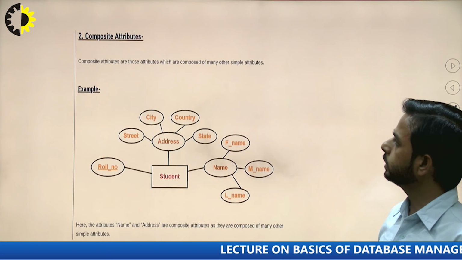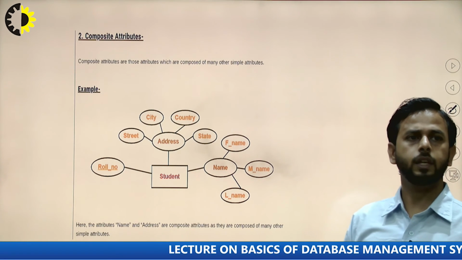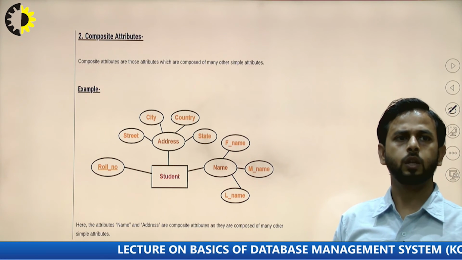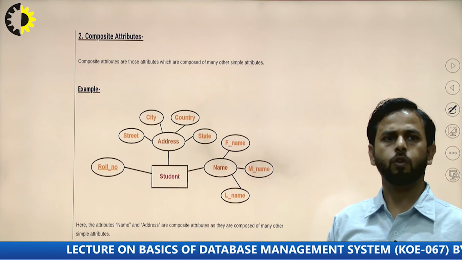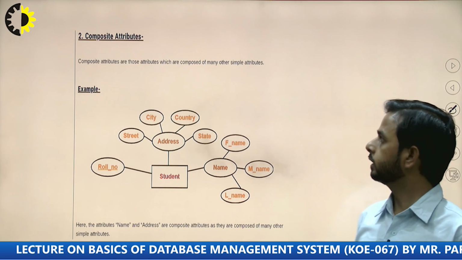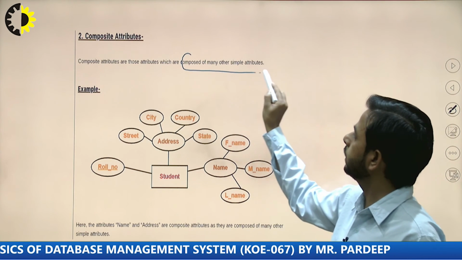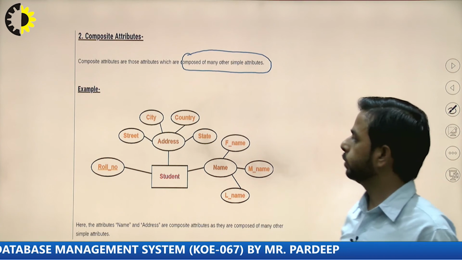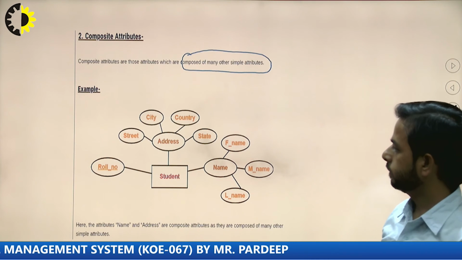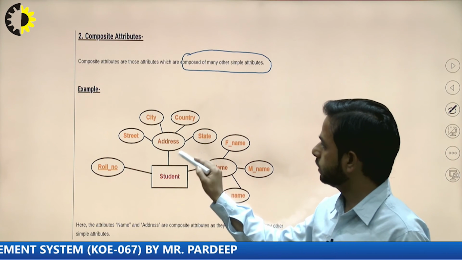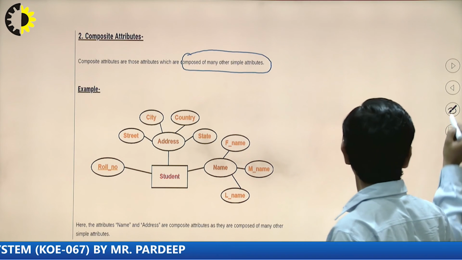Next, see the composite attribute. Composite attributes are those attributes which are composed of many other simple attributes. Suppose there is one attribute address.